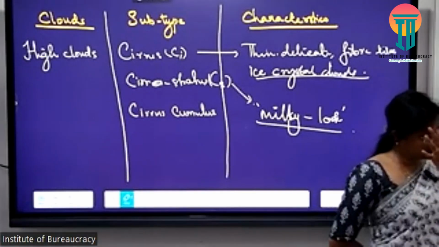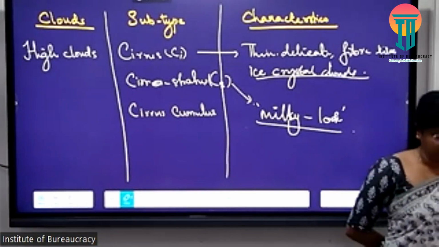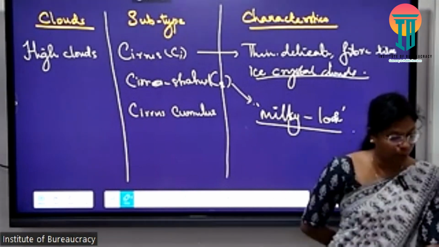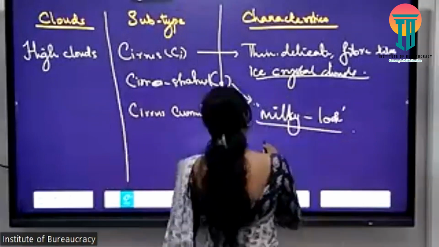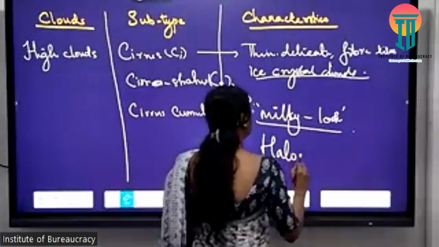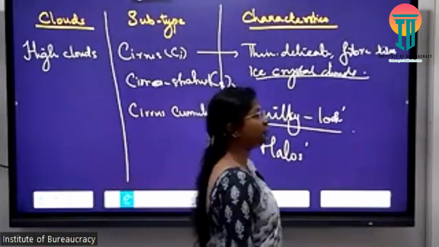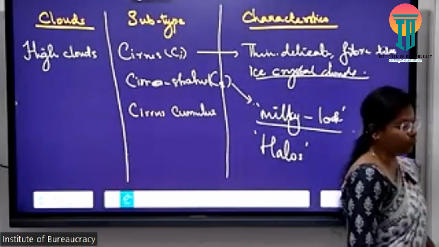Sometimes these clouds produce halos around the sun and moon.